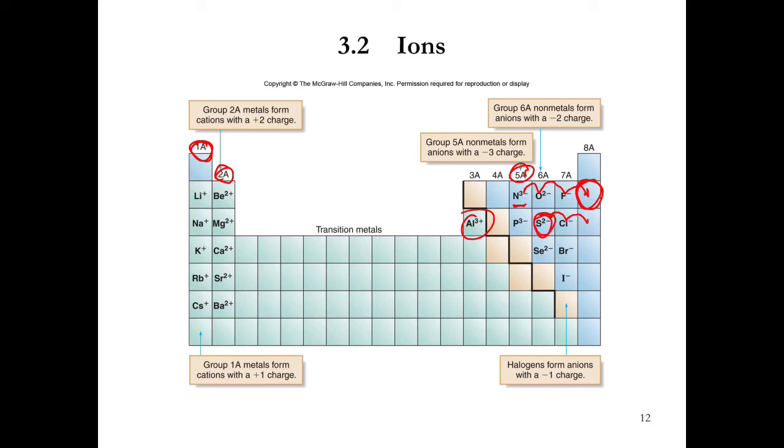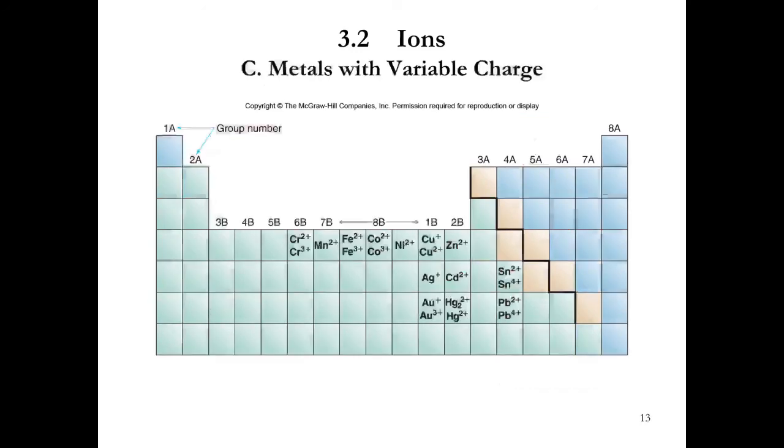If we're looking at a group 6 element like sulfur, it would have to gain 1, 2 electrons to have the same electron configuration as argon, its closest noble gas. So that's why the group 6 elements have -2 charges. They have to gain 2 electrons to have a full octet. And then the group 7 elements like iodine have to gain just 1 electron to have a full outer shell of electrons. So if iodine gains 1 electron, it ends up with the same electron configuration as xenon, its nearest noble gas.